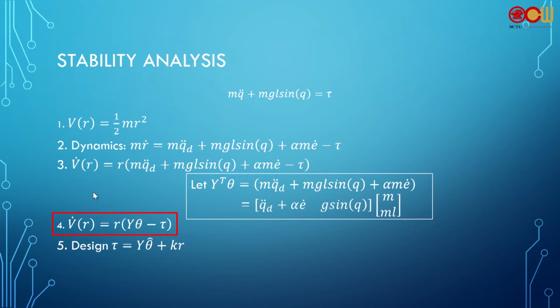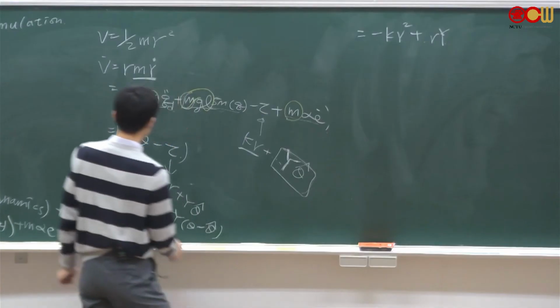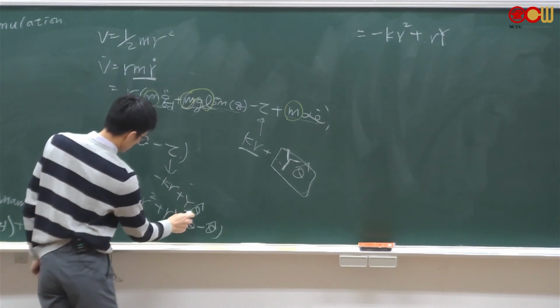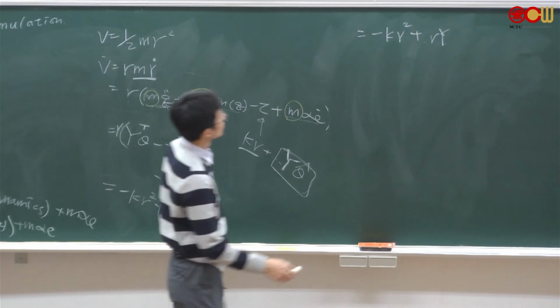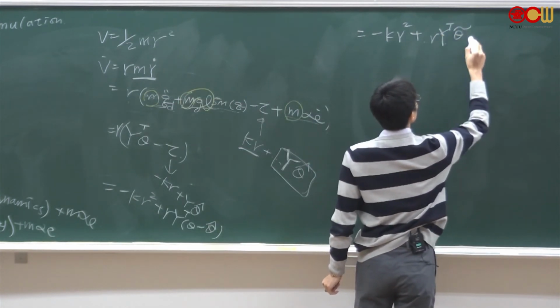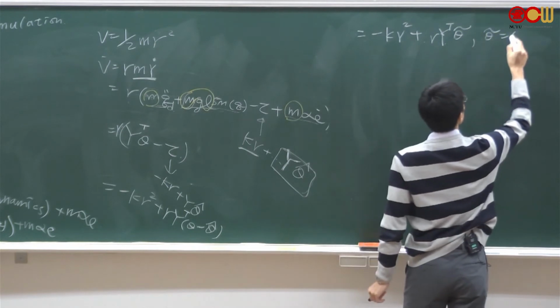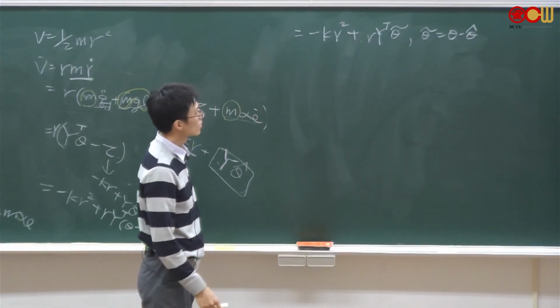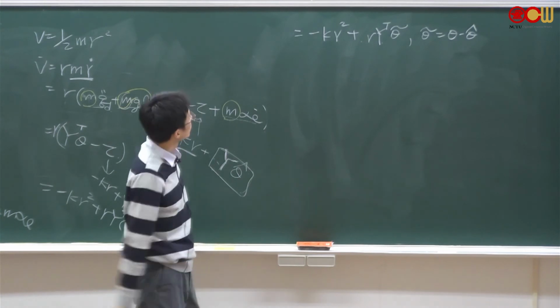It should be y transpose theta tilde, defined as theta minus theta hat. Okay, the estimate error. What can you do?